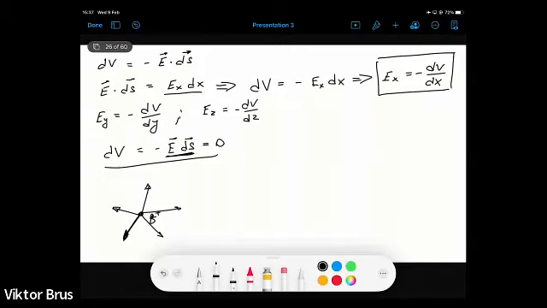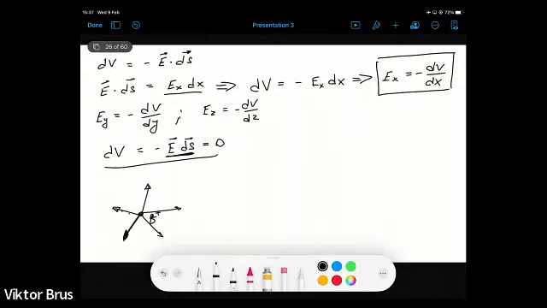They gradually go out from the positive point charge, and we know that at any point of this electric field line, the tangent will be the electric field vector, meaning that they will just coincide in direction for a point charge.